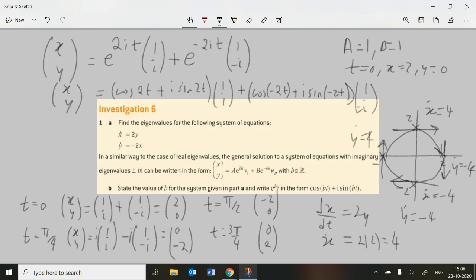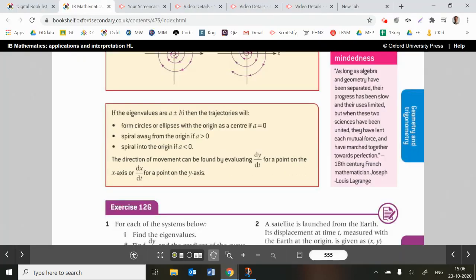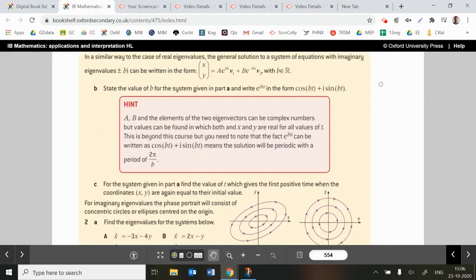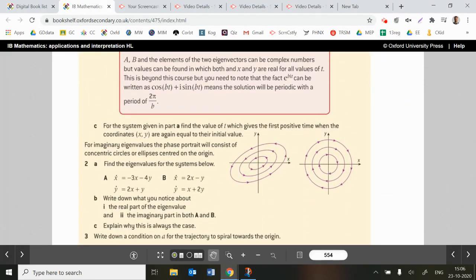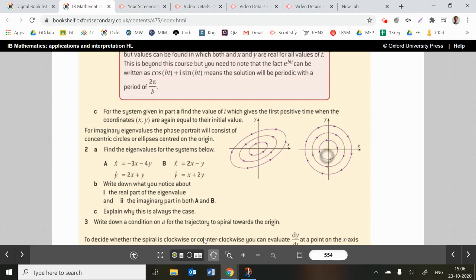So that's sorted out with a particular example, and I've chosen obviously a really basic one there, which is giving us a circle. You can see in the book that they're talking about the fact that you don't always get concentric circles, depending on where you start. You start here and end up with this circle. Start here and you'll end up with a different circle. But sometimes you get ellipses, and sometimes those ellipses are sort of skew. They're not straight on, if you like.